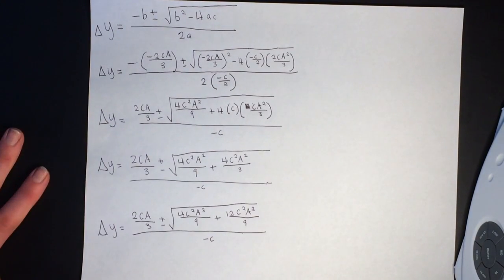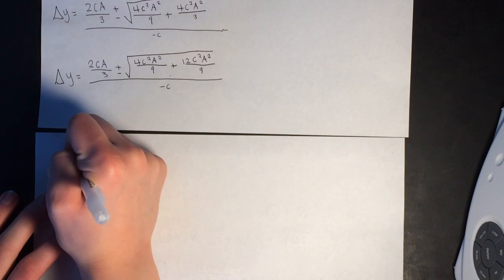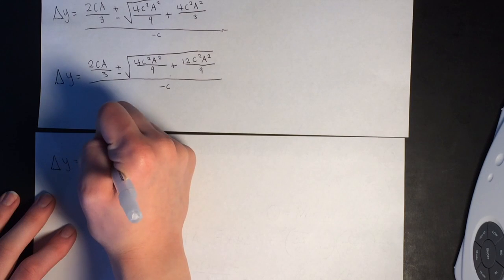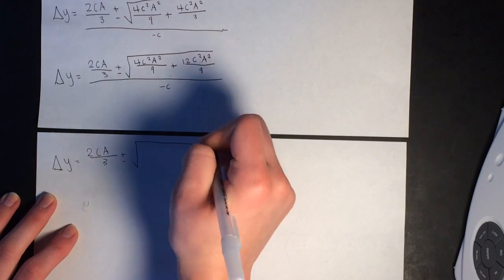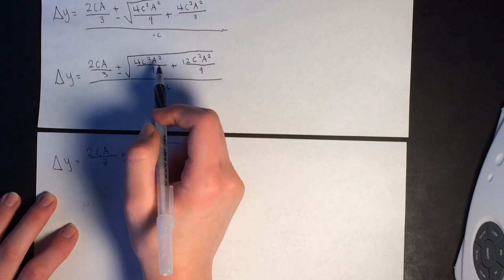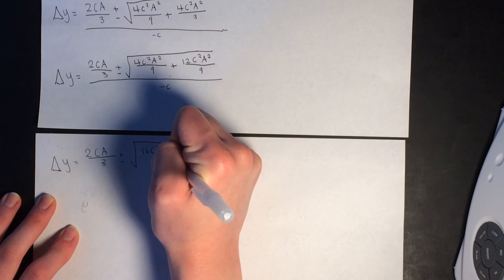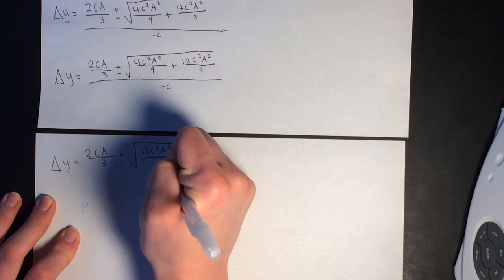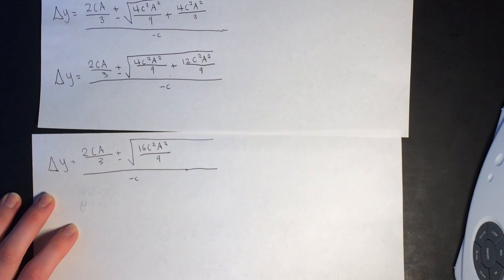One more step here. We add these two, and we get 16c squared a squared divided by 9.